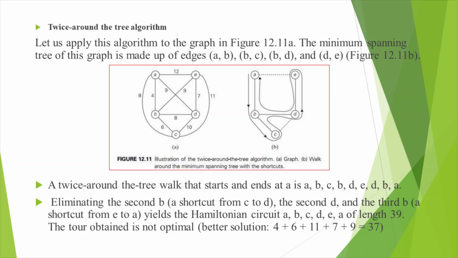So we are eliminating the second B, second D and third B, and so here it forms a Hamiltonian circuit after removing the repeated ones. So the length of this tour is 37. So this tour is not an optimal solution, it is a better solution.